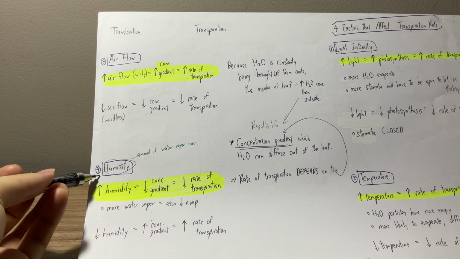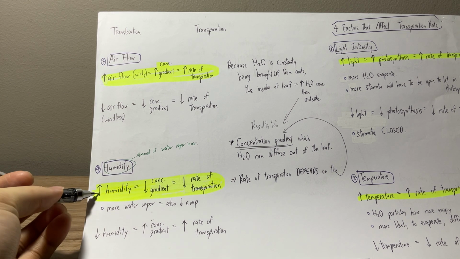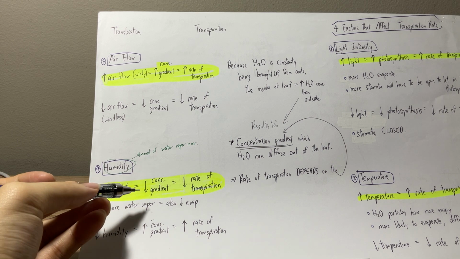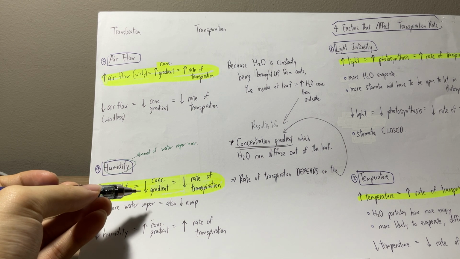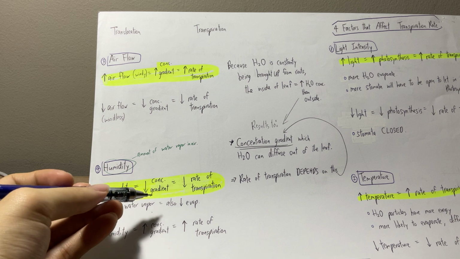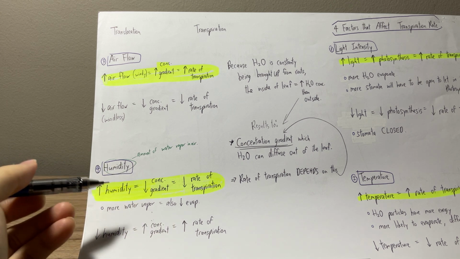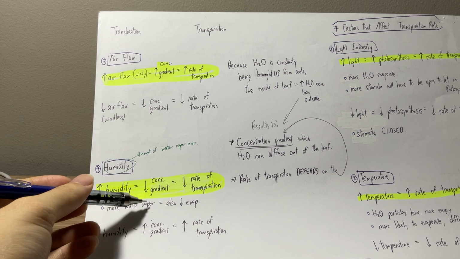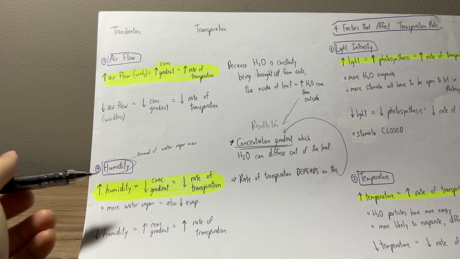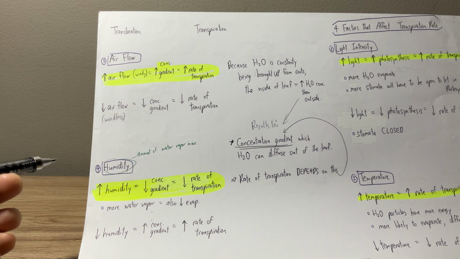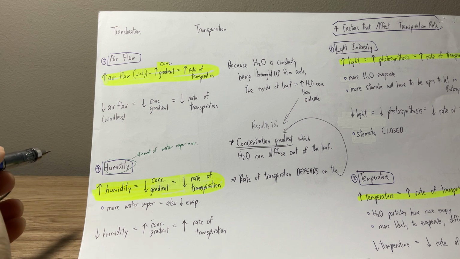Number 4, humidity. An increase in humidity is equal to a decrease in concentration gradient and consequently a decrease in the rate of transpiration. So essentially more water vapor, also lower evaporation. Let's say it's raining. There's a lot of vapor everywhere.